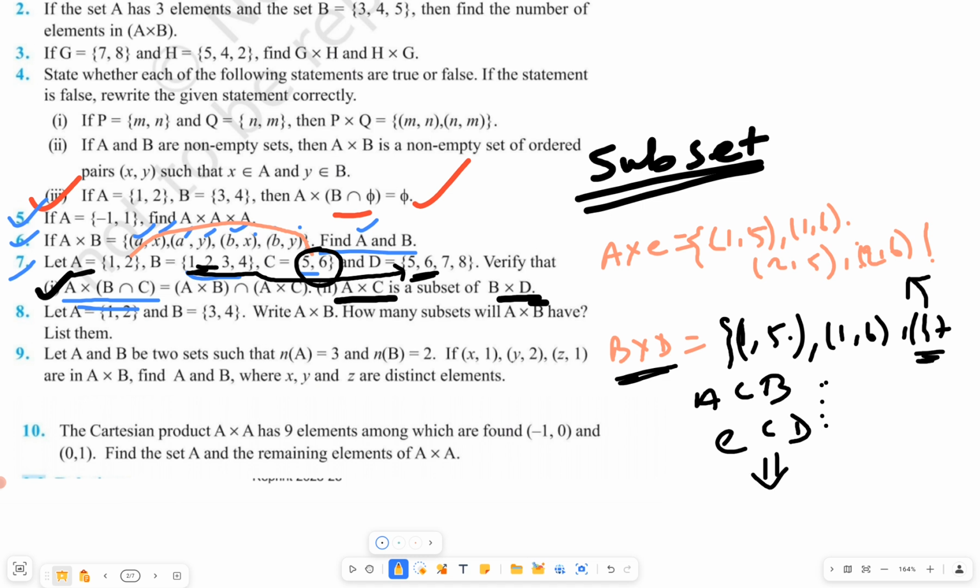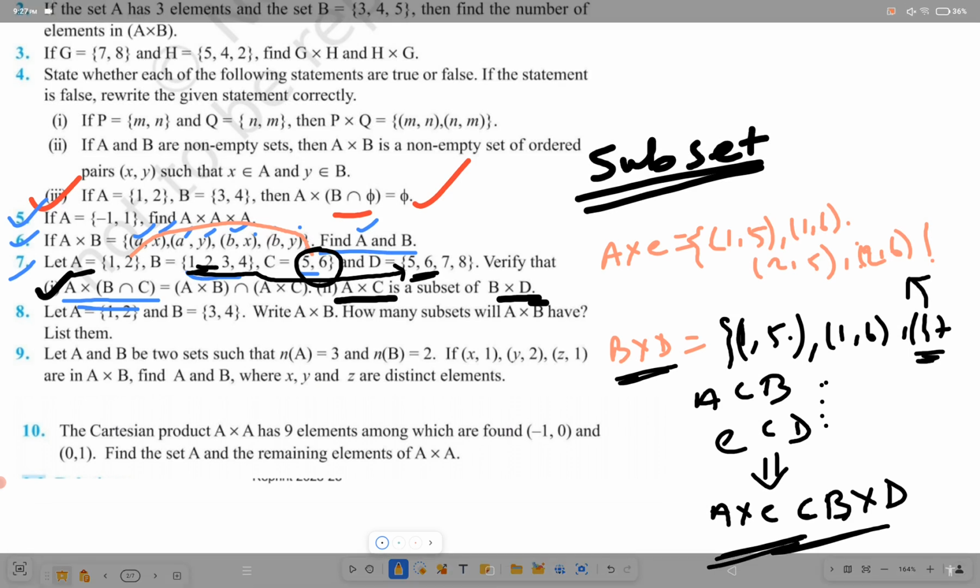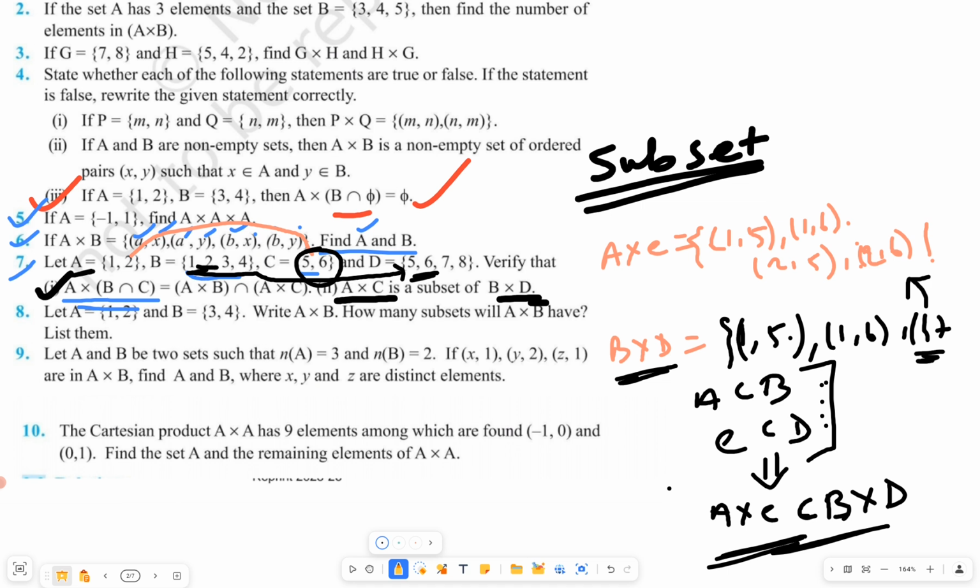Obviously A cross C is a subset of B cross D. This must hold, because that is implied. OK.